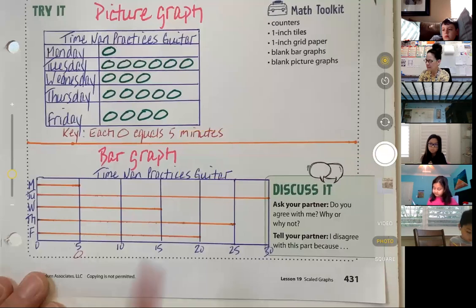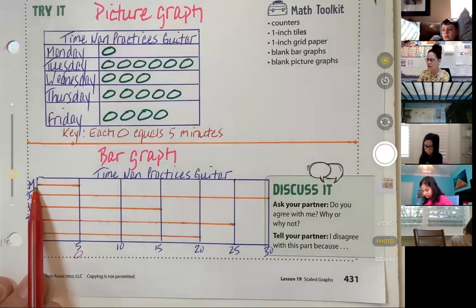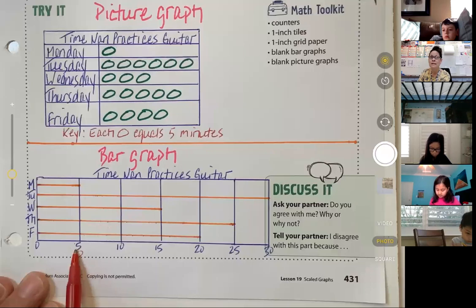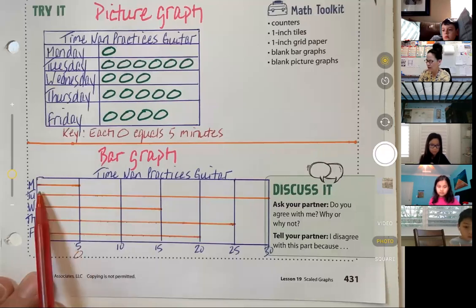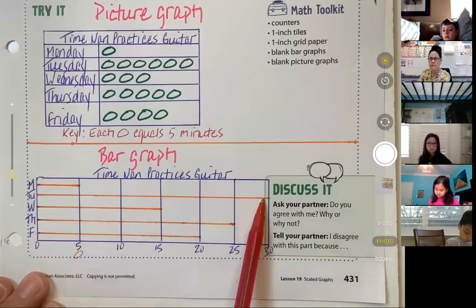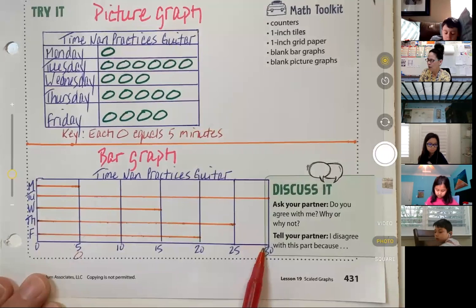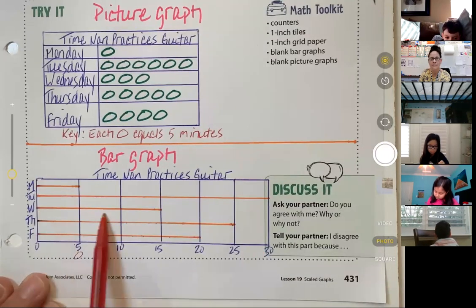So let's take it back to Monday, for example. According to Nan's notes, she practiced for 5 minutes. So where does my bar go? To, of course, 5 minutes. On Tuesday, according to Nan's notes, she practiced for 30 minutes. Where does my bar go? All the way out to 30 minutes. On Wednesday, according to Nan's notes, she practiced for 15 minutes.